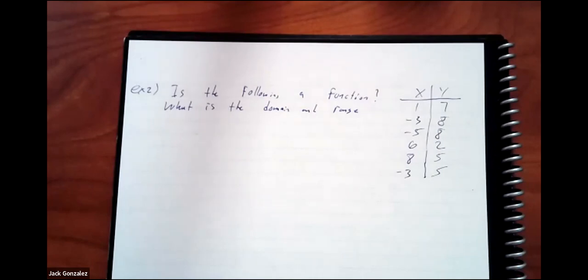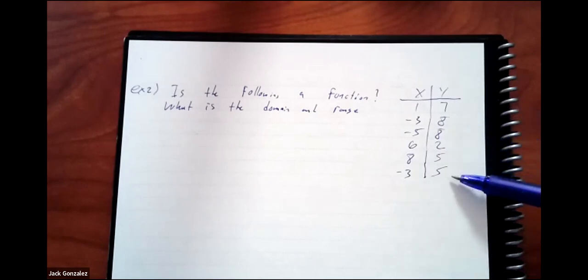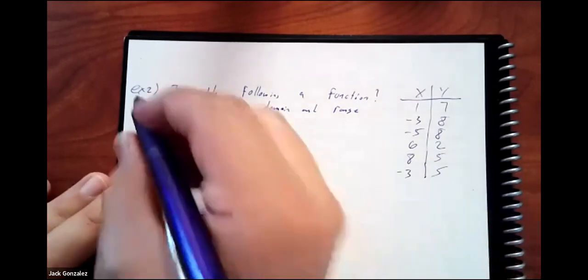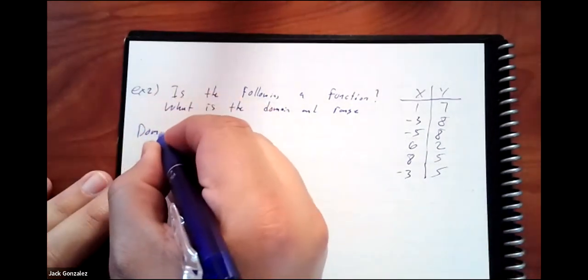Why not? Because nobody created two different values. So right there, this violates our definition, right? But we can still mention the domain. What's the domain?